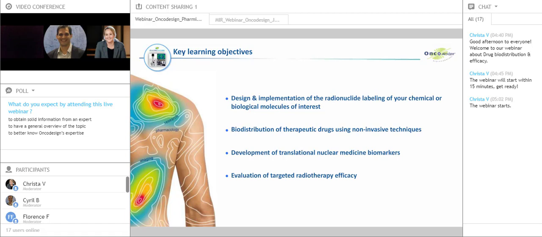Then we'll move to another topic, that's how to develop a translational nuclear medicine biomarker, just for the drug development, but also to really be a companion of your drugs much further than the first step of the preclinical development. And at the end, I will show you just a few slides on the evaluation of targeted radiotherapy with a specific radioisotope.